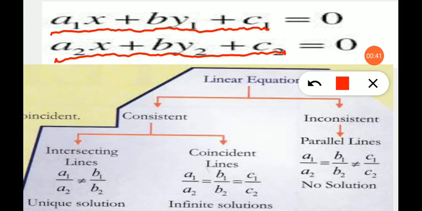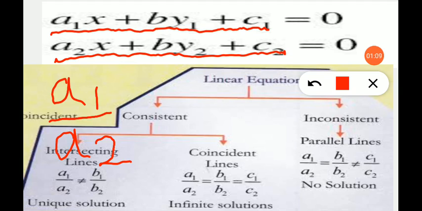For that, we first have to find the ratio of the coefficients and constants of one equation to the other. First of all, we will find the ratio of the coefficient of x, that is a1 by a2. Then we find b1 by b2.